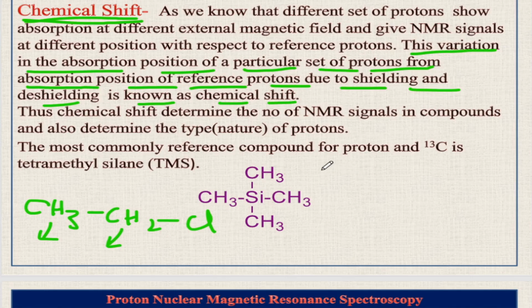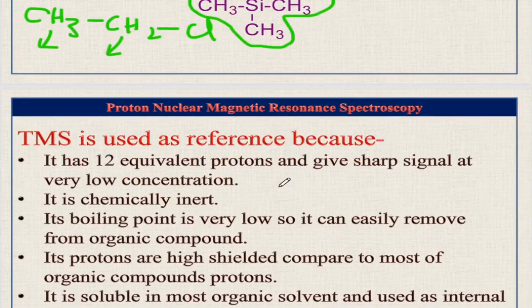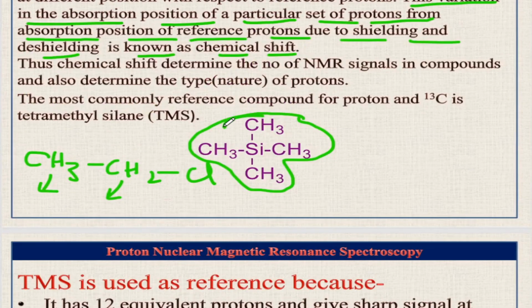Here the reference used is this compound, tetramethylsilane. Tetramethylsilane is used as the reference compound. Why is tetramethylsilane used as a reference compound? Because it has 12 protons, 3 plus 3 plus 3 plus 3.